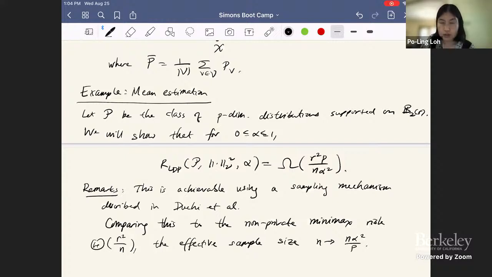Okay. So this is a smaller quantity than n. So because we want to enforce privacy, then we do in fact lose something, and rather than additive factor, now it's a multiplicative factor.